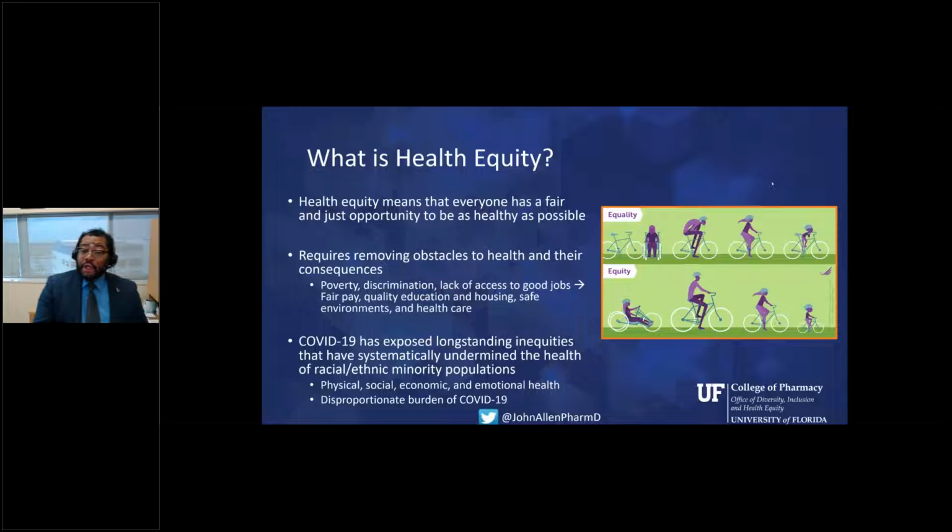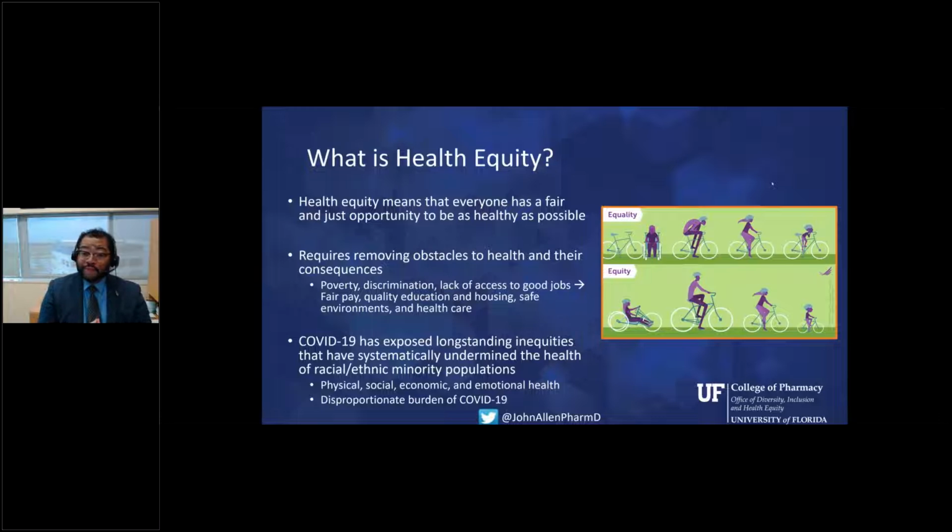Let's talk a little bit about health equity as it relates to what it is. I think that's always a good place to start. Health equity essentially means providing the opportunity for everyone to have a fair and just opportunity to be as healthy as possible. The figure on the right illustrates and compares equality versus equity. Equality essentially means giving everyone the same tools.